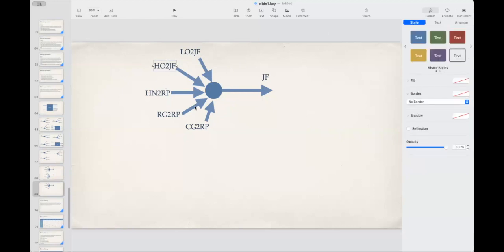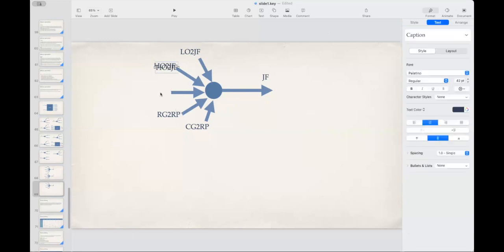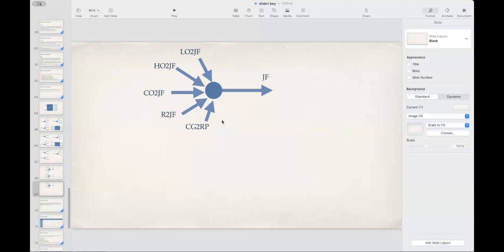What else? From crack oil. Crack oil to JF. What else? Yes, to JF. Finished, no more.